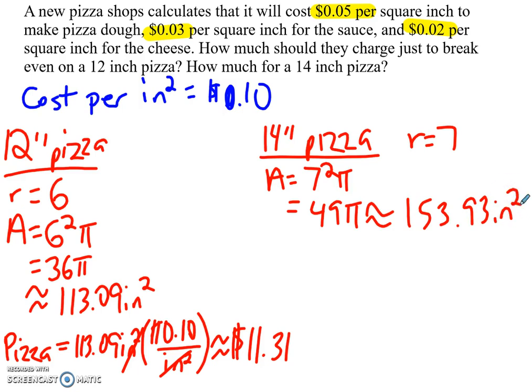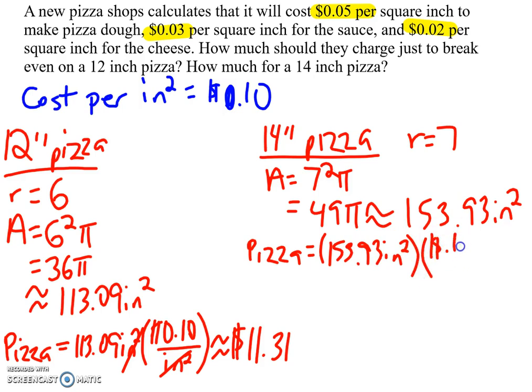So that means if I'm looking at my cost, I'm going to be taking that 153.93 square inches and multiplying it by that 10 cents per square inch.